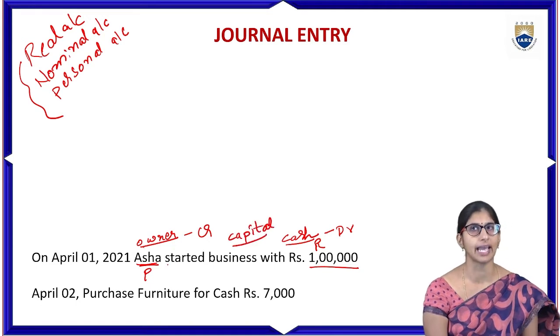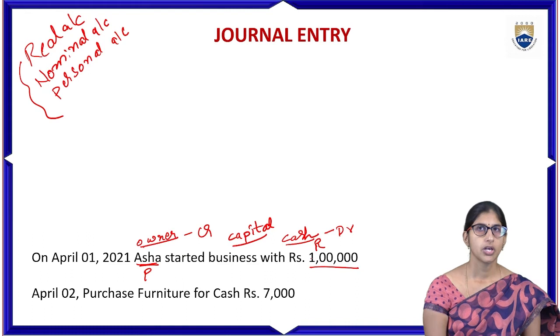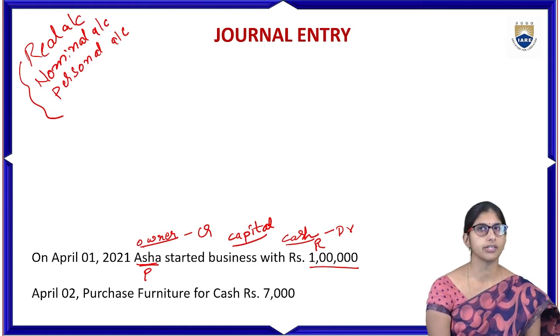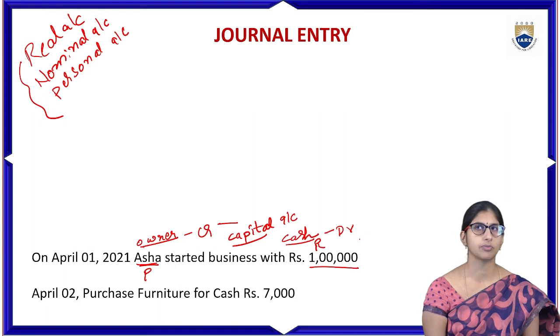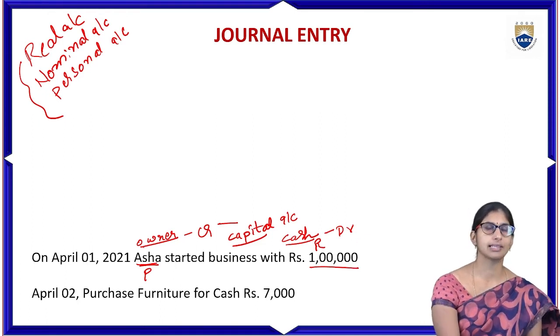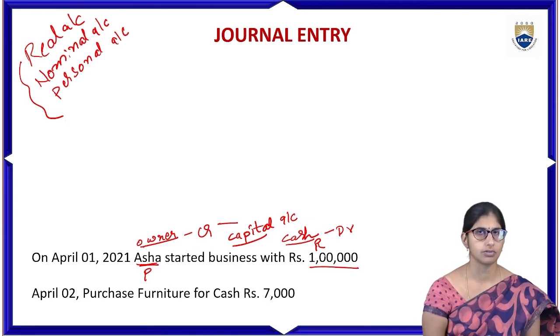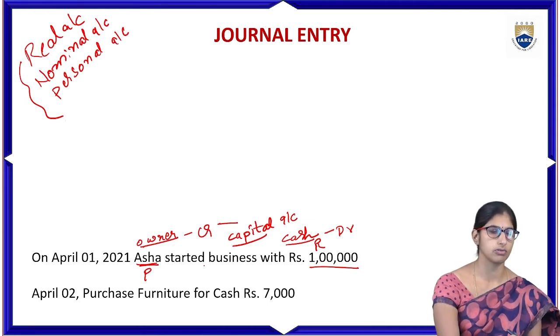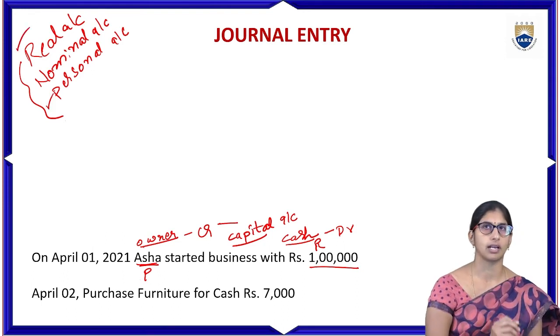So instead of writing owner, we will write capital account. Ultimately this capital account has to be credited, and cash account has to be debited. So this is what we understood by applying the rules of real account and personal account for this particular transaction.